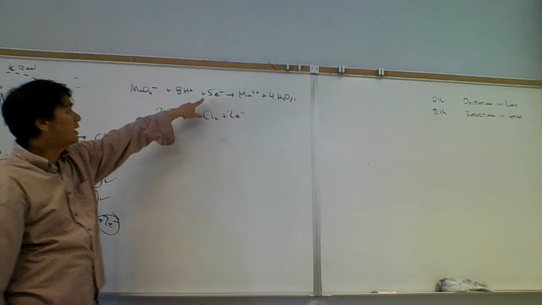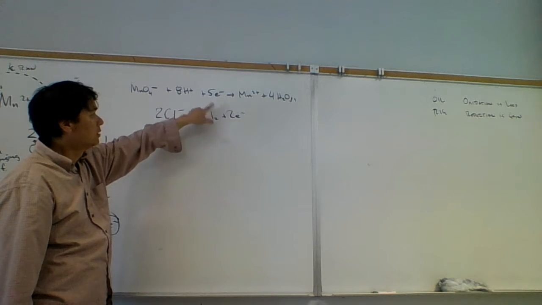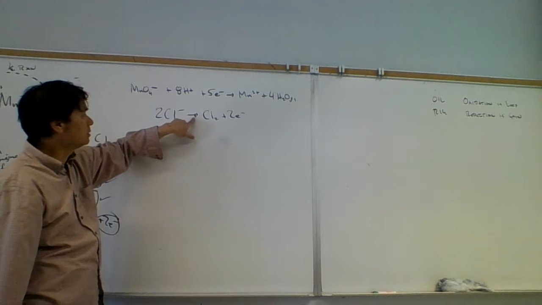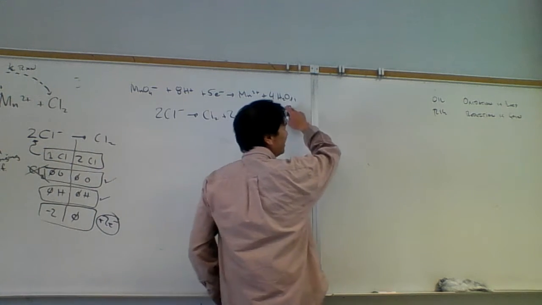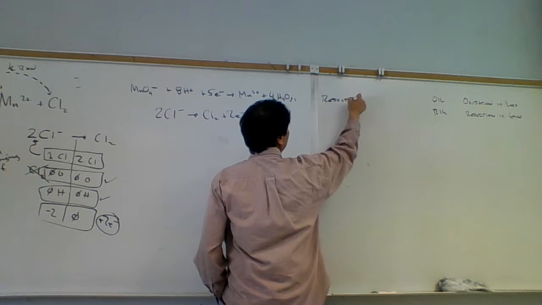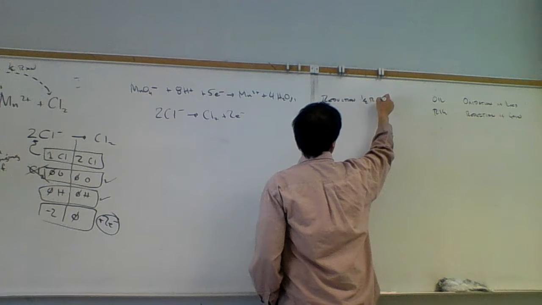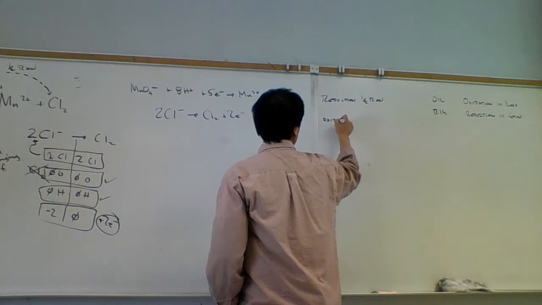Well, this one is gaining because it's consuming the electrons as a reactant here. This one would be losing. And so if this one's gaining, then this is what we call the reduction half reaction. And then down here, this must be the oxidation half reaction.